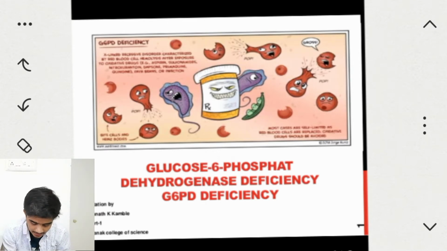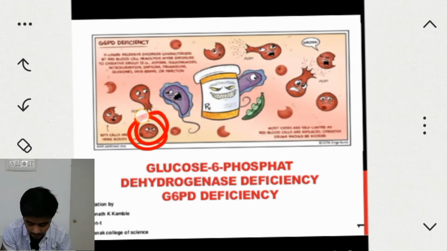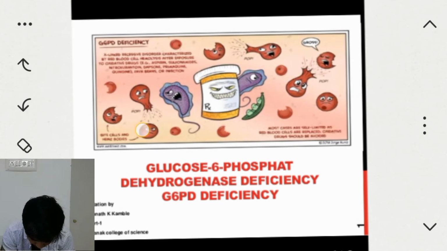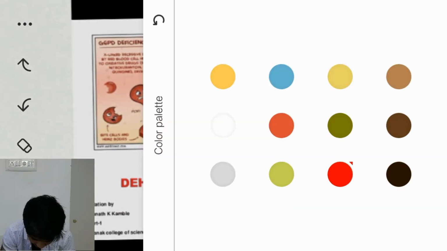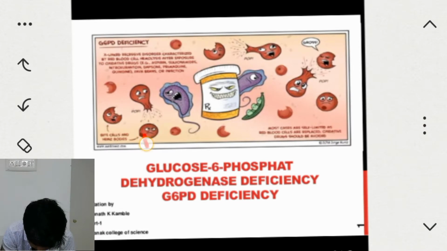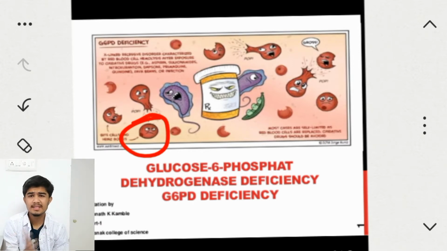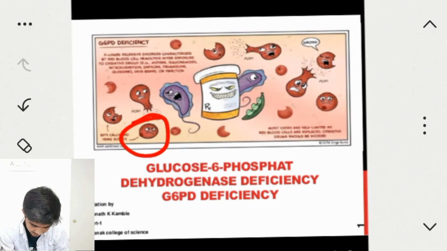Here two RBCs are given. This is called the Heinz body and this one is the bite cell. How are Heinz bodies and bite cells formed? Whenever there is oxidative stress in our body, the hemoglobin in the RBC precipitates and that makes the Heinz body. Here are the precipitates of Hb, and that whole body is called the Heinz body. Heinz bodies are seen on supravital stain, not on the normal stain.